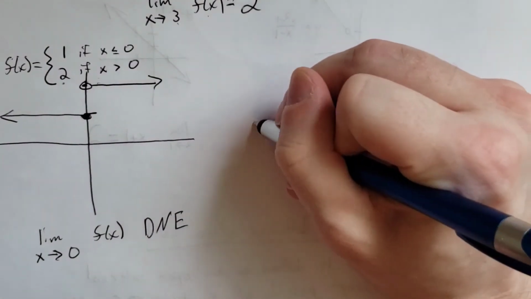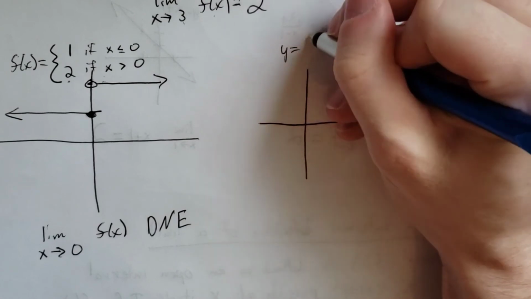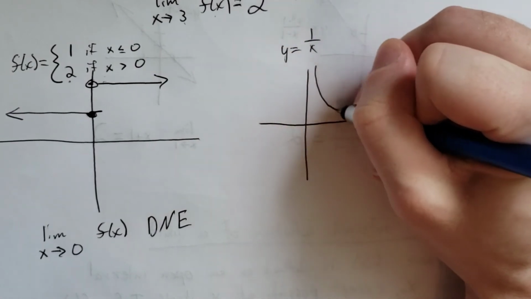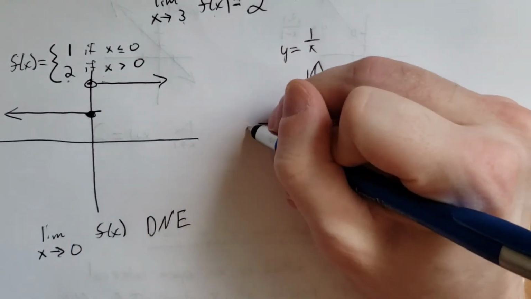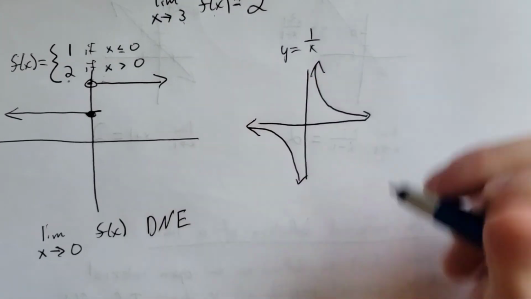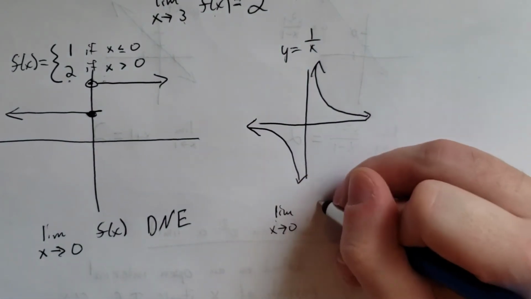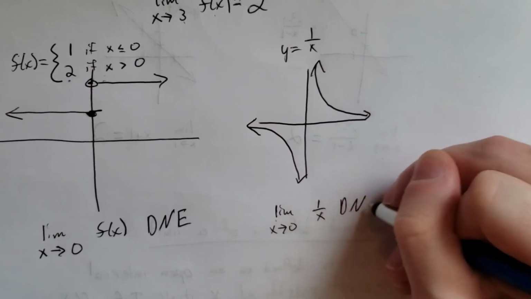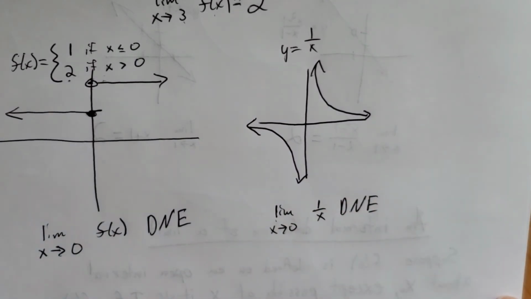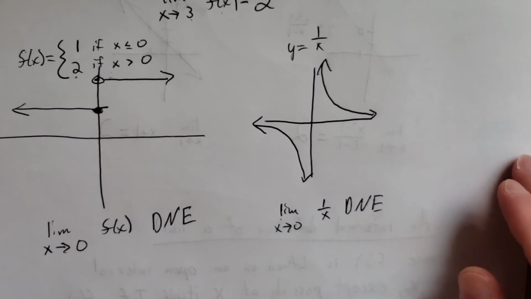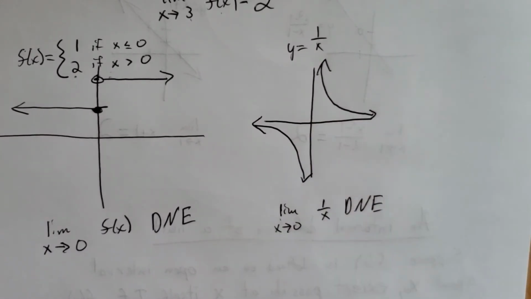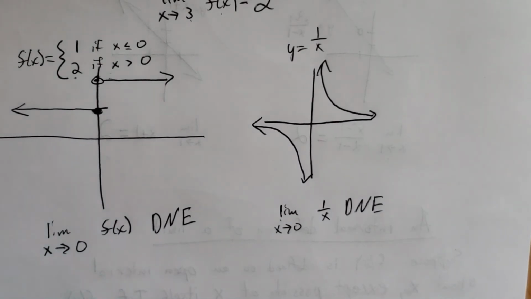We have the function y is equal to 1 over x here. Then again, at x equals 0, the limit as x approaches 0 of 1 over x does not exist, because we don't have a singular value which the function is approaching at all points around x equals 0.